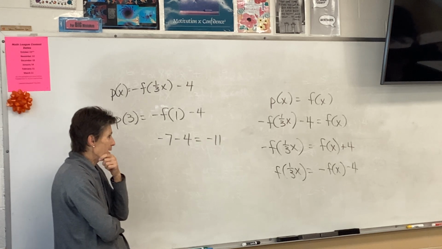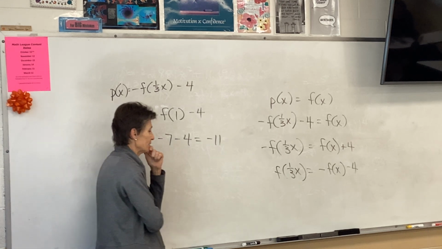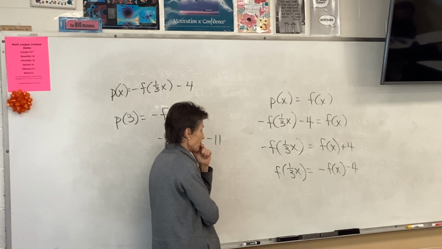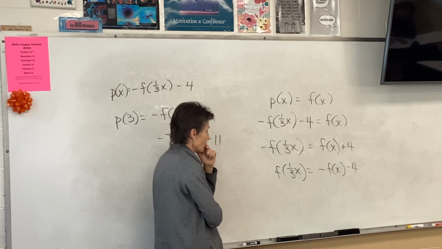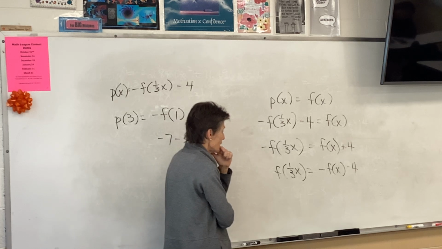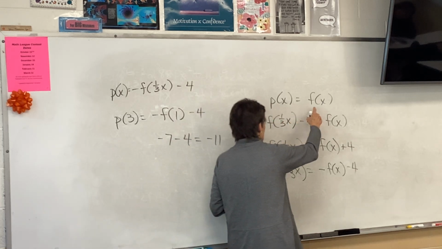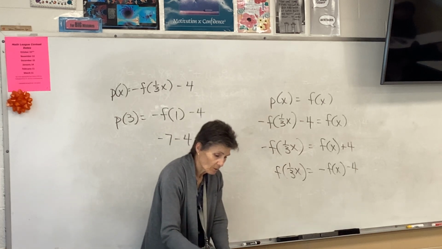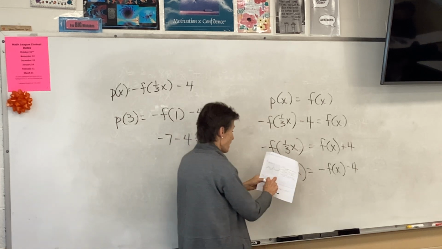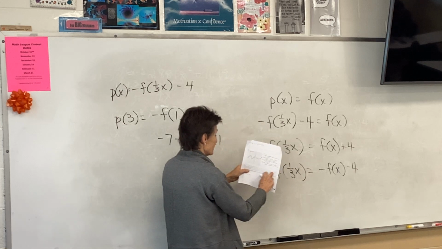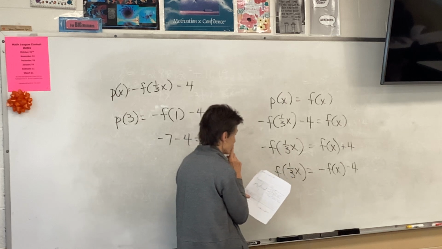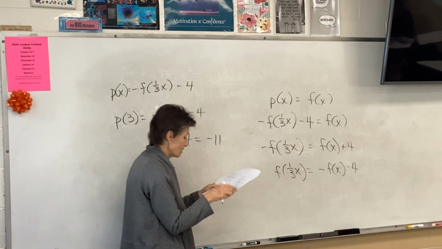And then I think we might just want to think about this for a second. If these are going to be equal to each other, and remember, F is defined by this chart right here, we could do some trial and error.